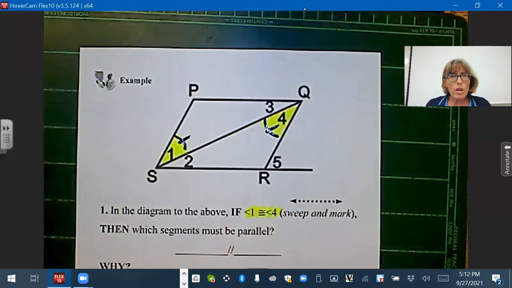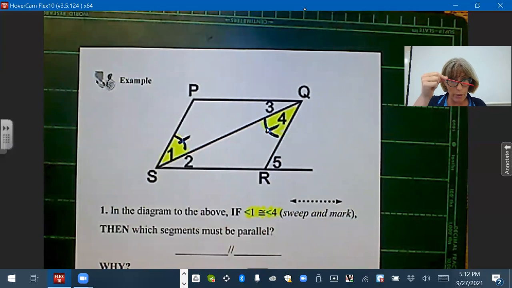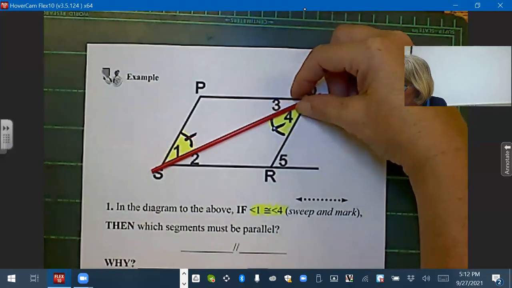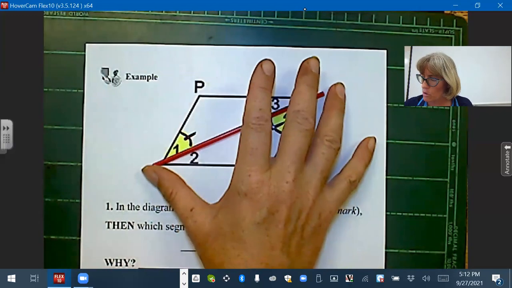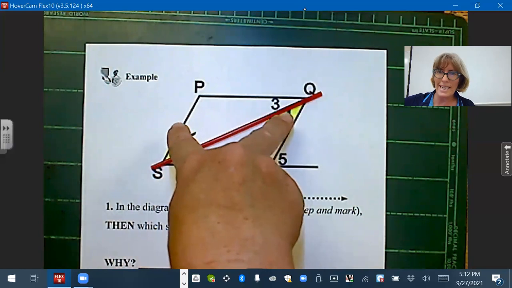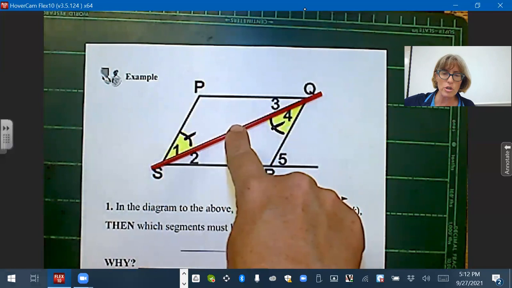Now, you want to put the stir stick so that it is physically touching both angles. So I'm going to put my stir stick right here. Ready? Watch what I do with my fingers. So my 1 and 4 are right here. My 1 and 4 physically touch the stir stick.